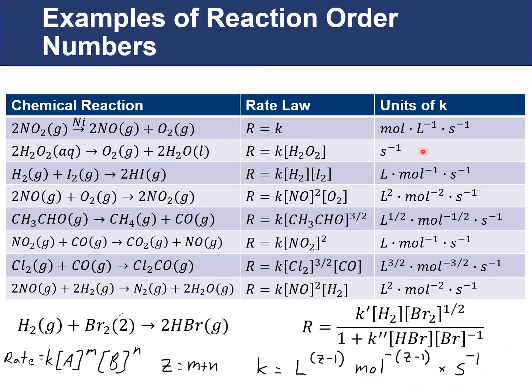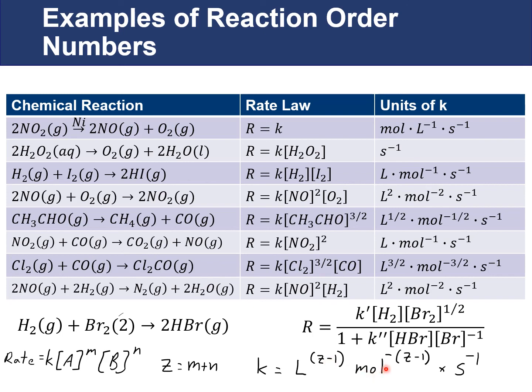And so we would get the units that we're after here. For something more complicated, like let's say this one here, our overall order would be 3/2 plus, we could do 2/2 to give us 5/2, right? Or 2 1/2, right? So to get rid of our extra units, we'd have 2 1/2 minus 1 would be 1 1/2 on top, or 3/2.